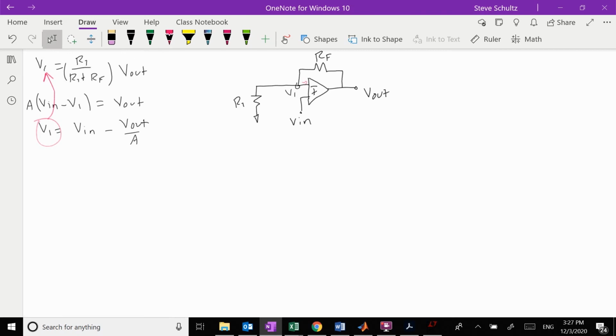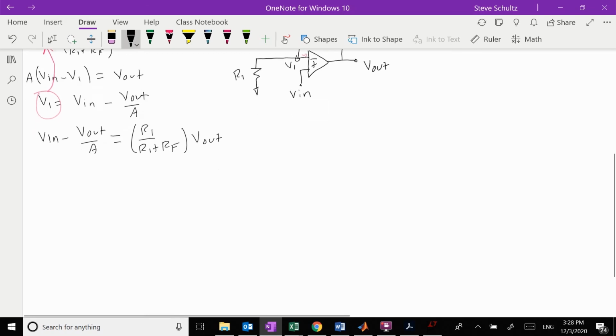Okay, so now we plug those in, and so we get V in minus V out over A is equal to R1 over R1 plus RF times my V out.